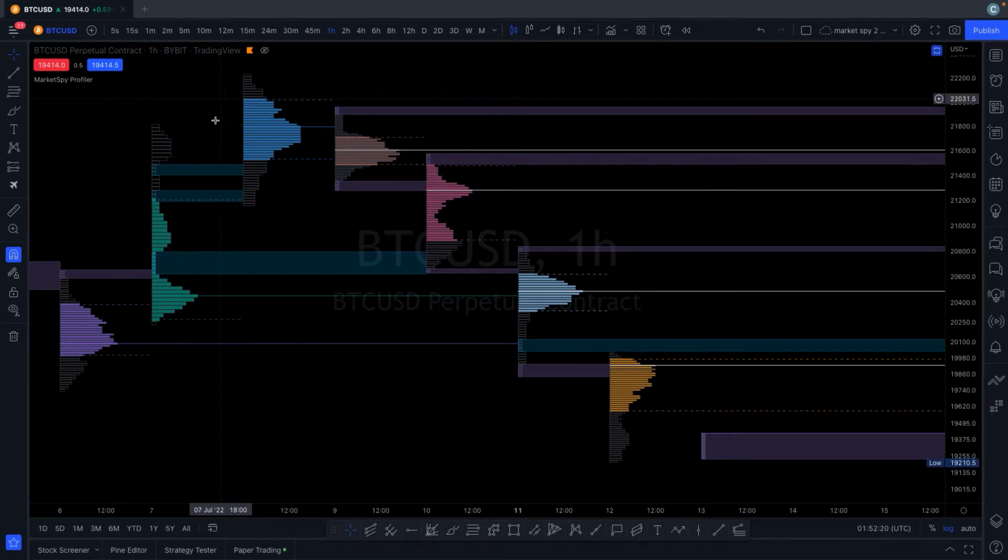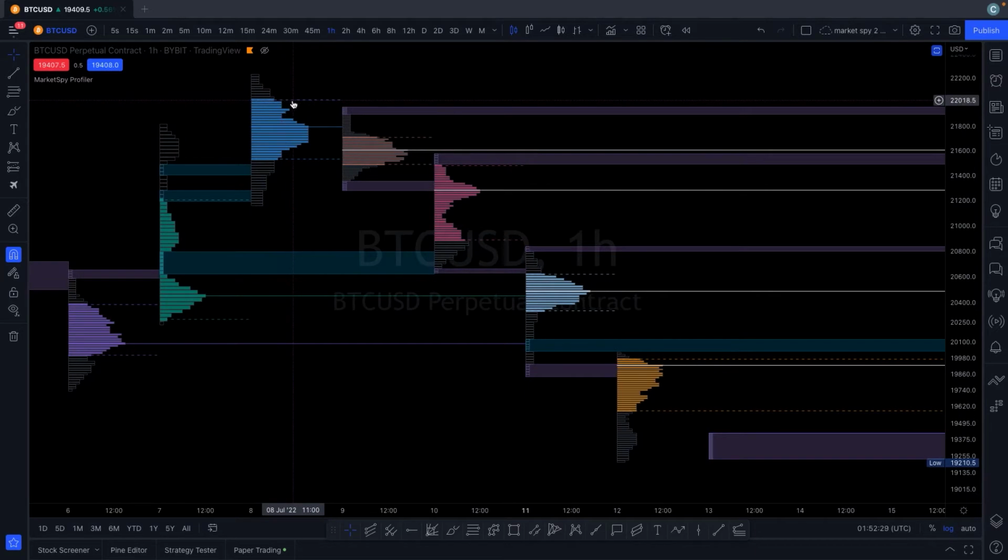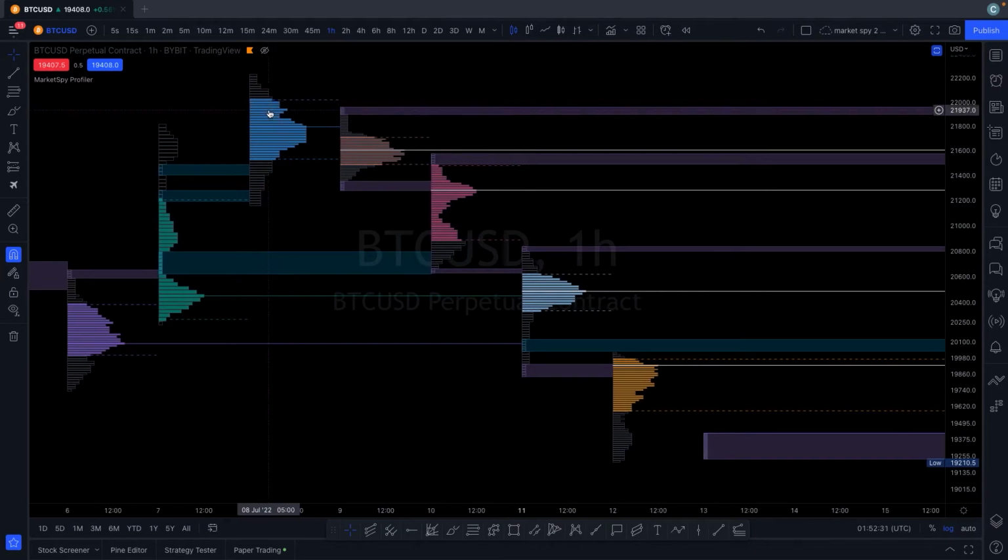So again, you have a market profile, you have a value area, and you have a non-value area. And then this dotted line here at the top of the value area is called the value area high. And at the bottom here is called your value area low. This center line here is called a point of control.